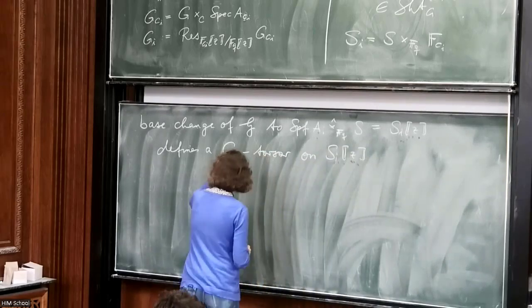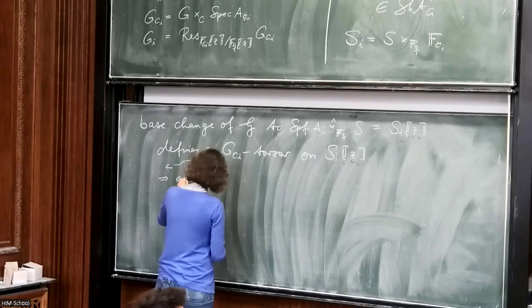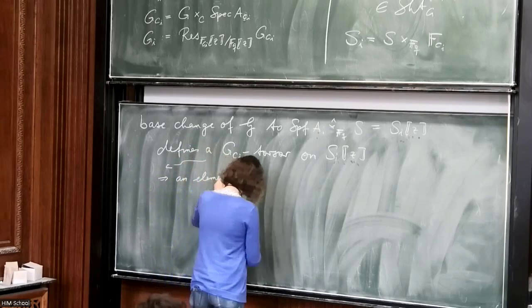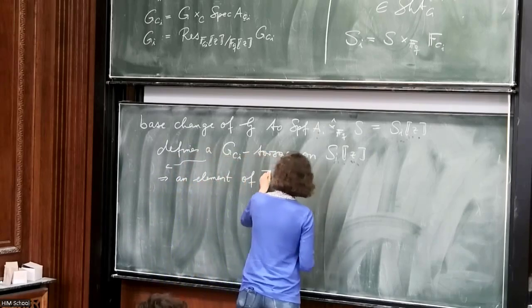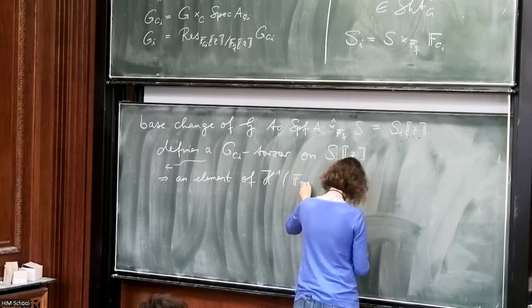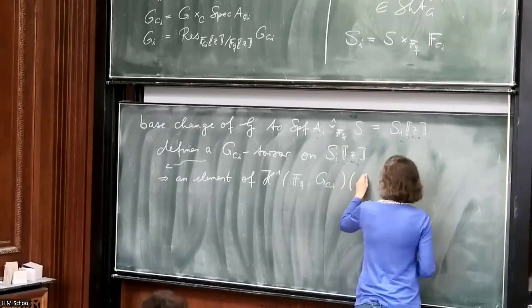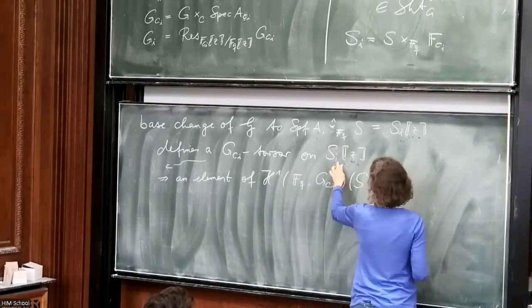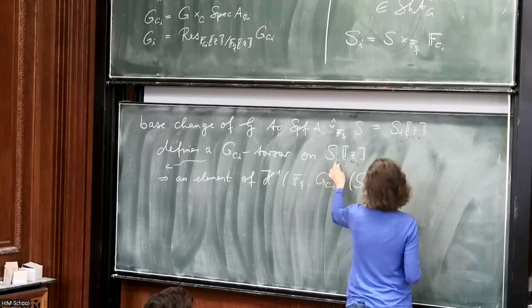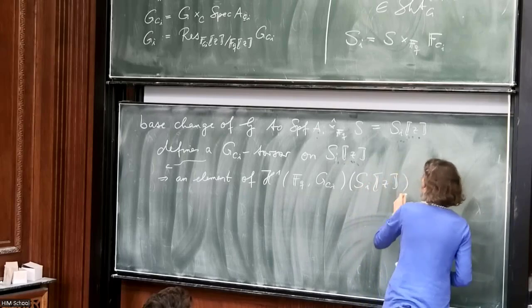So what we have here is an element of the torsors, so of H1 of FQ, GCI, of, sometimes I write SI and sometimes of SI. I think this is at least consistent like this.